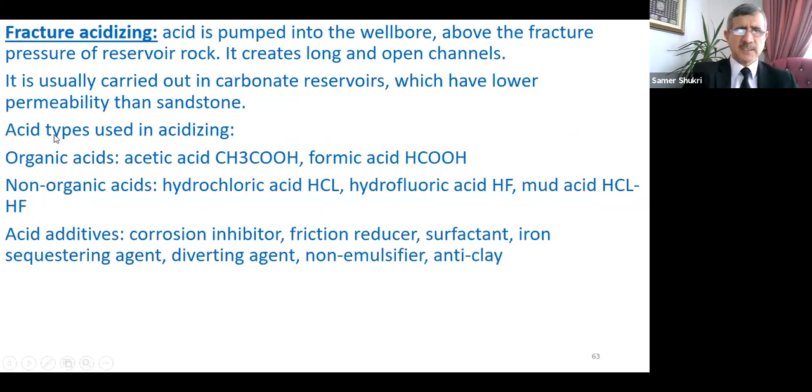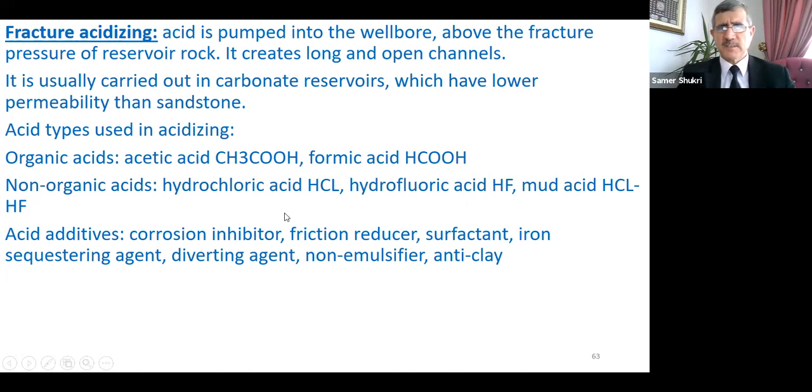Here you will see types of acid. We have organic acids and non-organic acids. HCl and HF are non-organic acids. While if we have high pressure, high temperature reservoirs, we use organic acids: acetic acid, CH3COOH, and formic acid, HCOOH. These are for high pressure, high temperature wells.